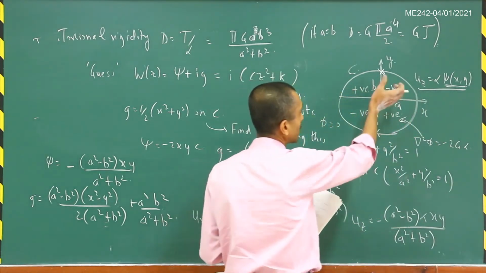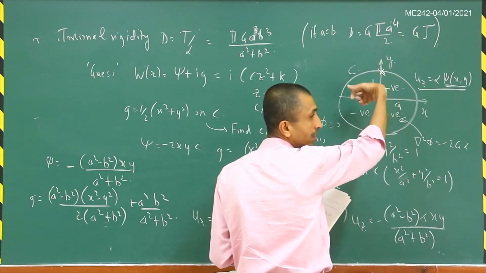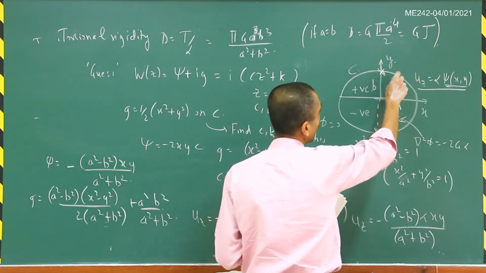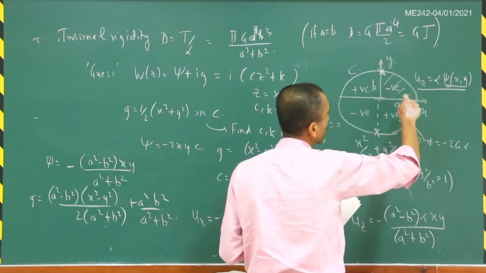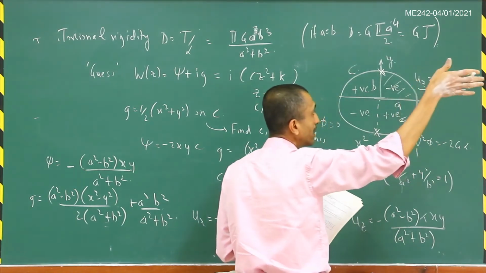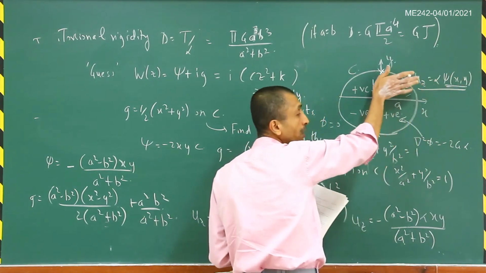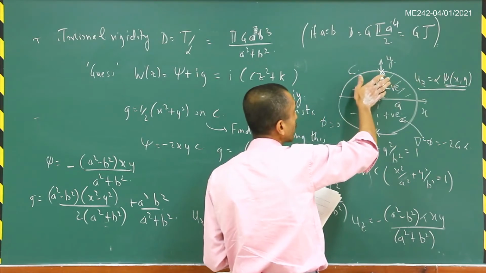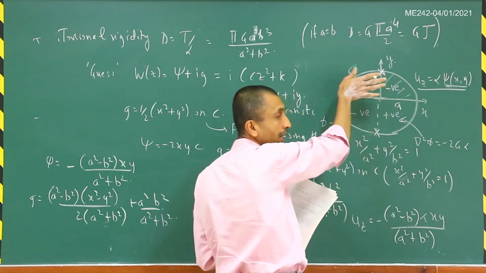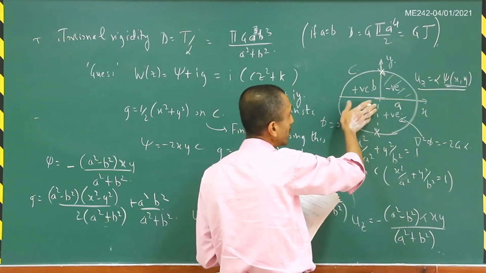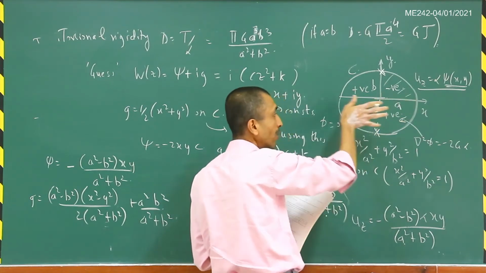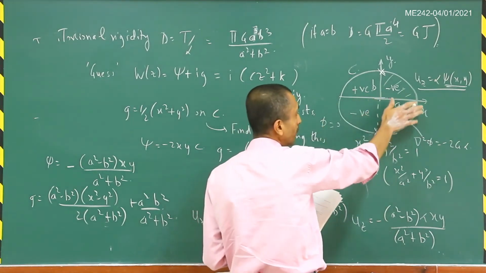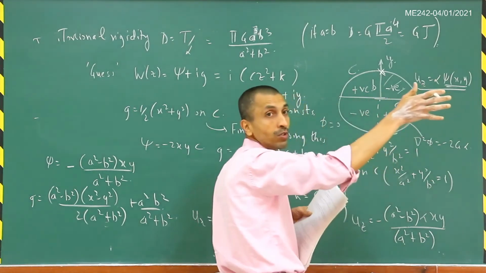So if you are twisting the cylinder in this particular way, the points in the first quadrant will go into the board, the points in the second quadrant come out of the board, the points in the third quadrant go into the board, and the points in the fourth quadrant come outside the board, right?